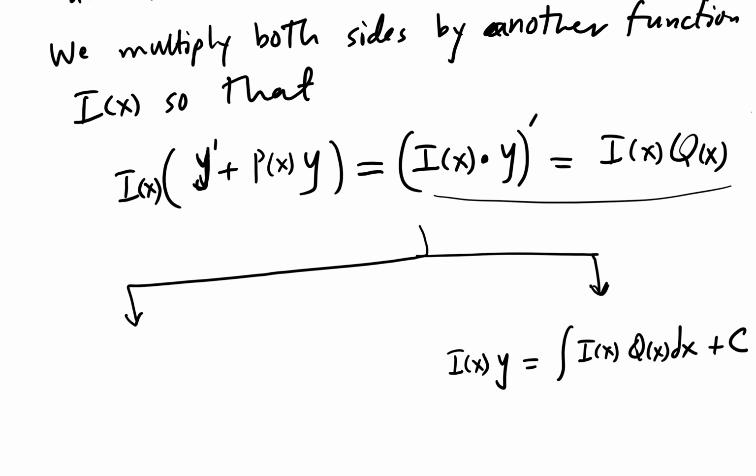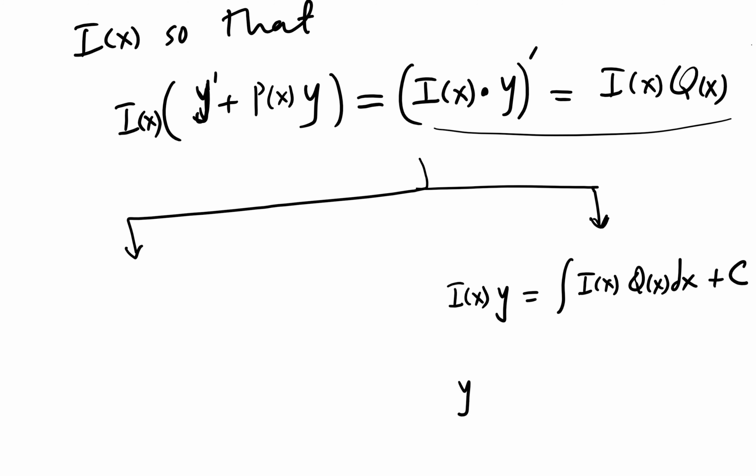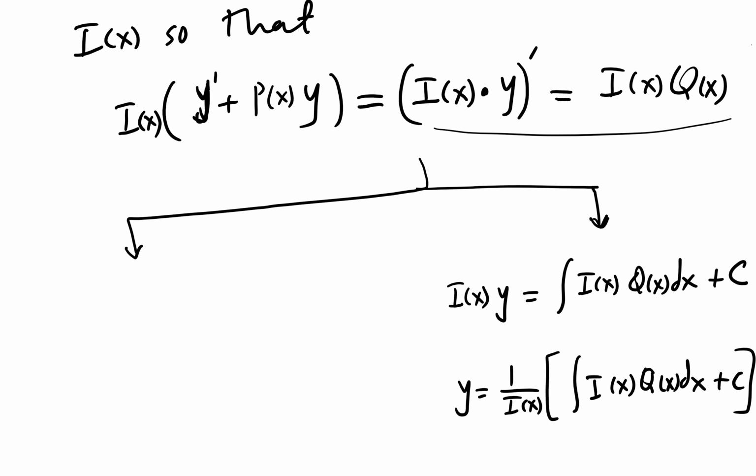So the left-hand side you could have put plus c, but you move it to the other side, minus c. Minus c plus c doesn't matter. We could divide both sides by I of x, because remember we're trying to solve for y. So it will look like this. The same thing, just divide both sides by I of x. And that will give me what y or y of x is.